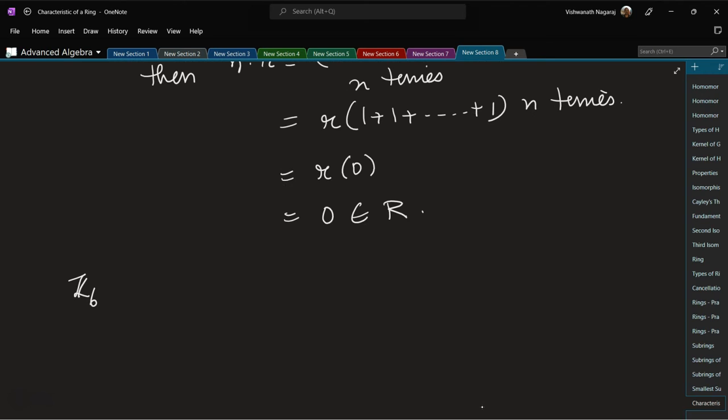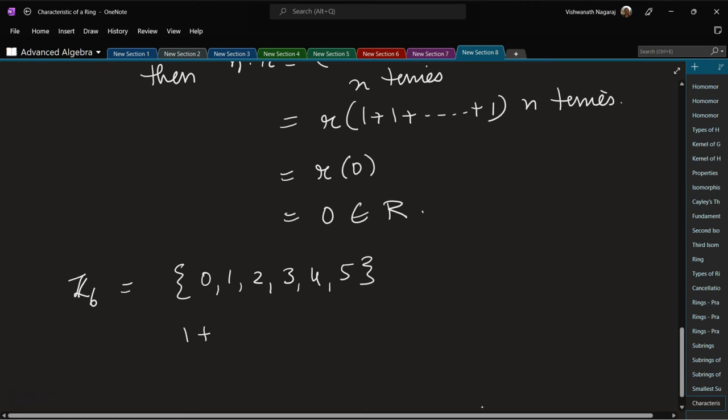Okay. Now let's look at an example. Let's say Z6, Z mod 6. This is 0, 1, 2, 3, 4, 5. If we add 0 six times, we will get 0, which is trivial.